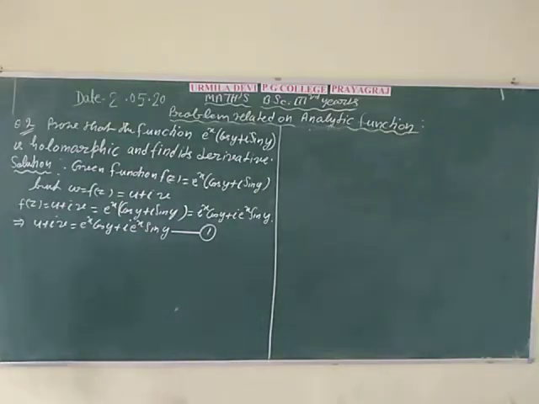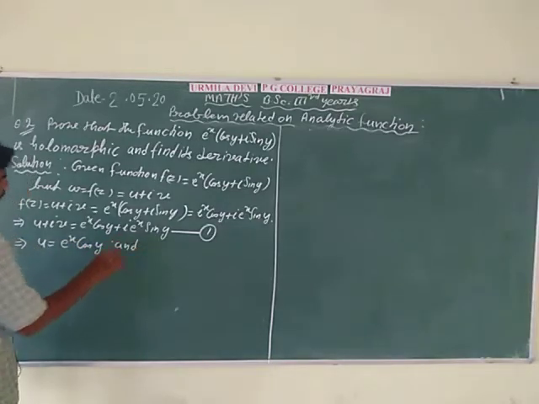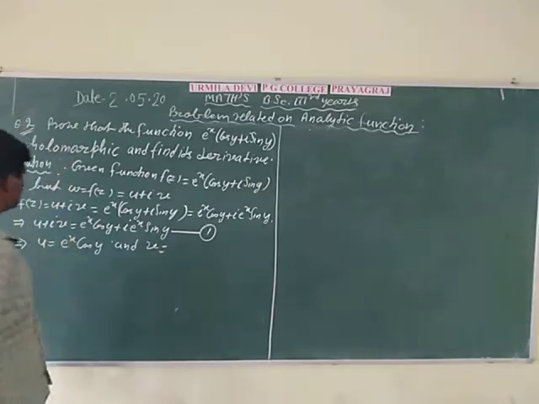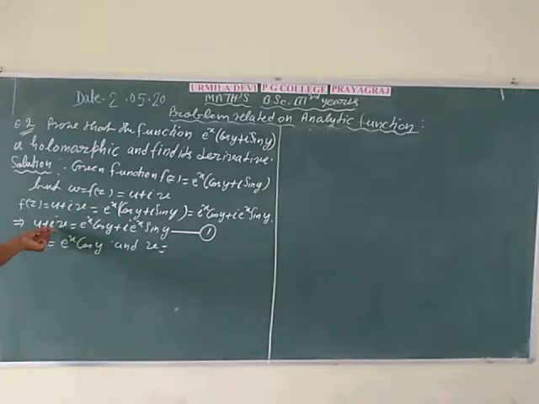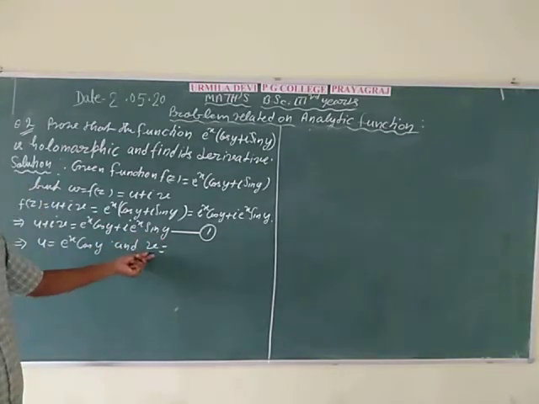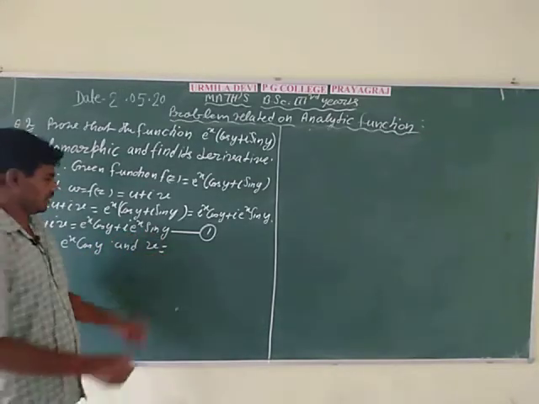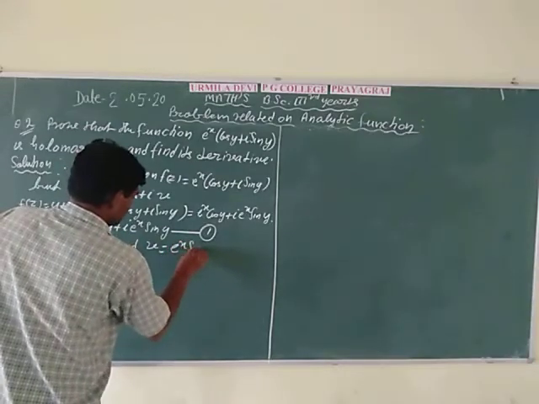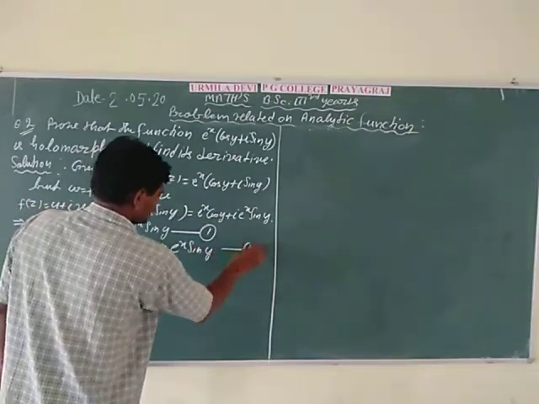After comparing the real and imaginary parts of equation first, it implies u is equal to e to power x cos y, and v, the coefficient of i, on the left hand side is v and on the right hand side is e to power x sin y. So v is equal to e to power x sin y, represented by equation second.